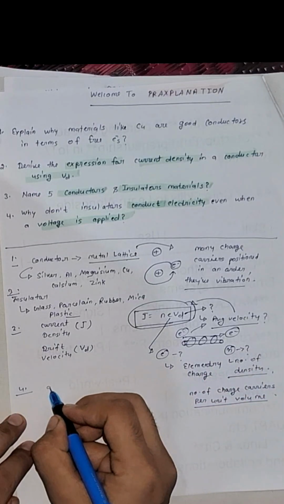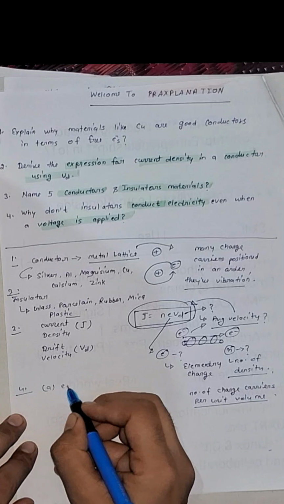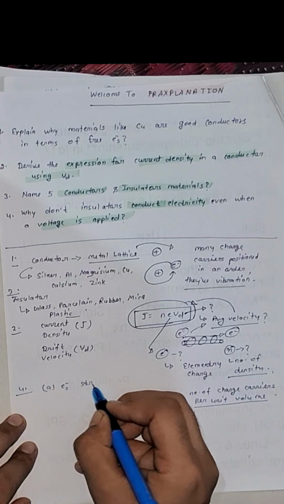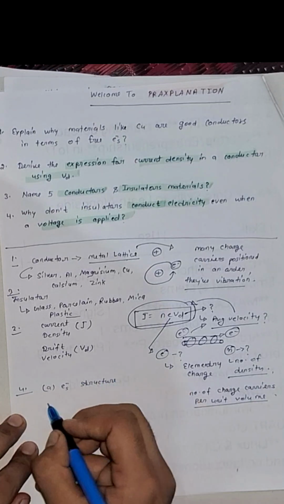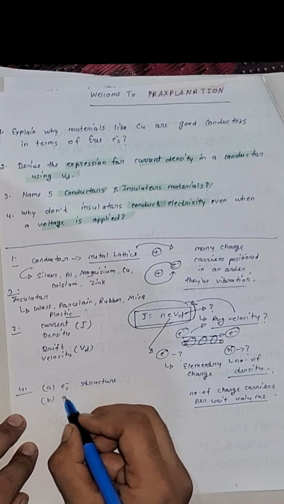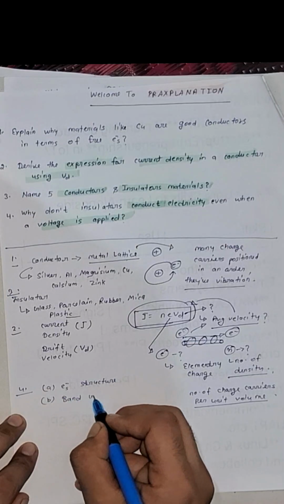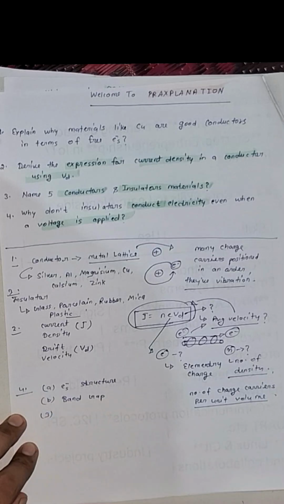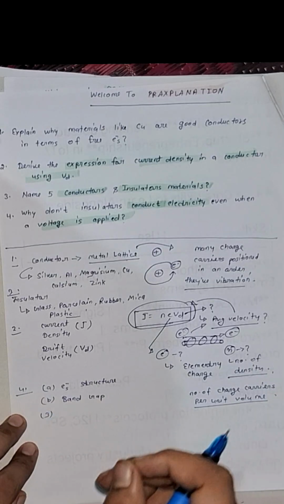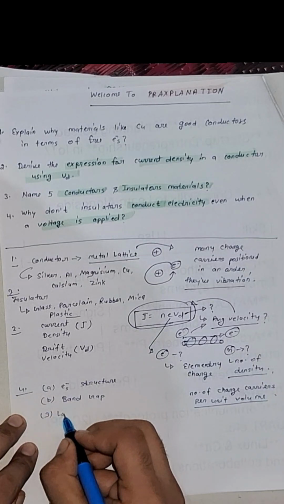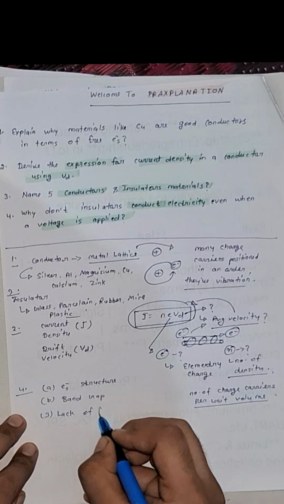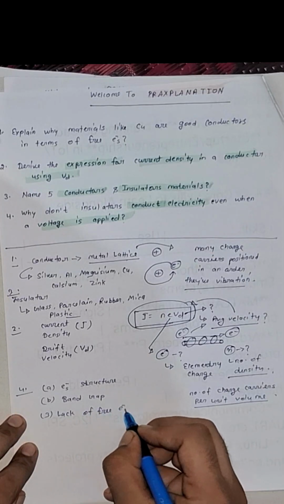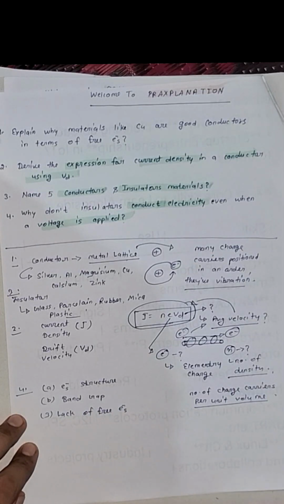What are the reasons? The first reason is electron structure. The second reason is band gap, which is the energy band. And our third reason is lack of free electrons.